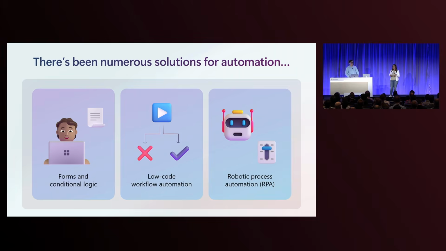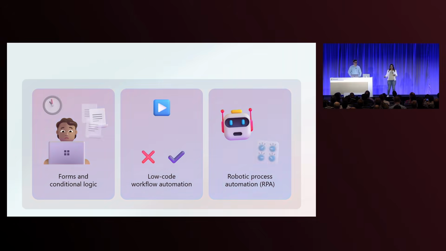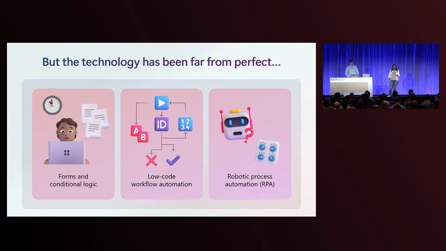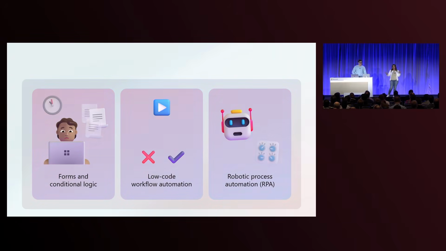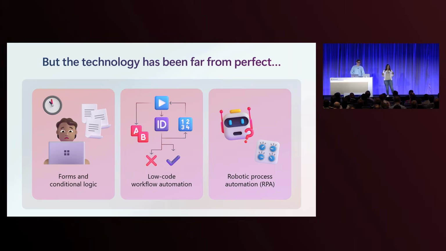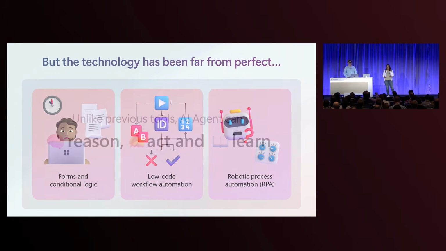Now, what happens when your application or your workflow or your business process changes? Then you're in a never-ending madness of trying to update scripts and trying to figure out where to fix all of those workflows, and the technology was not quite there to really adapt and evolve as your business processes are evolving.